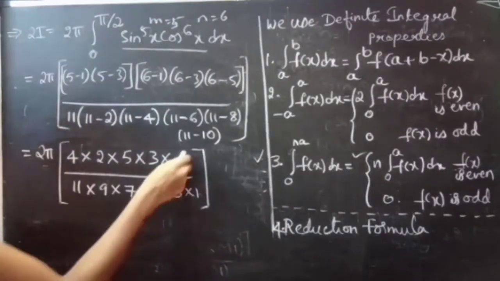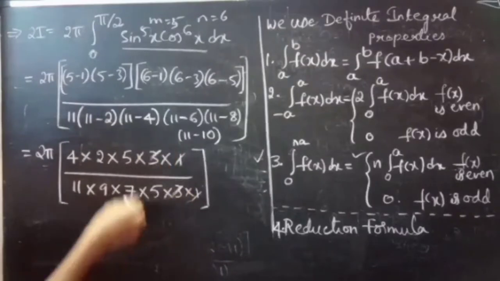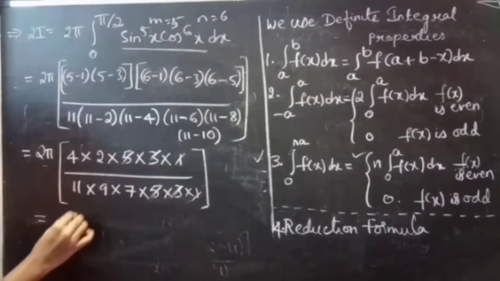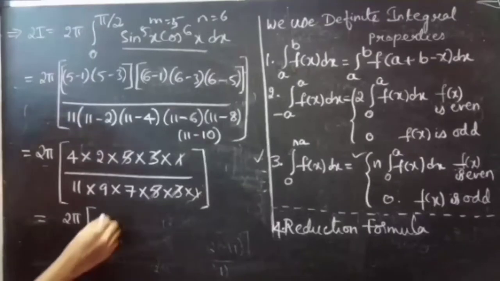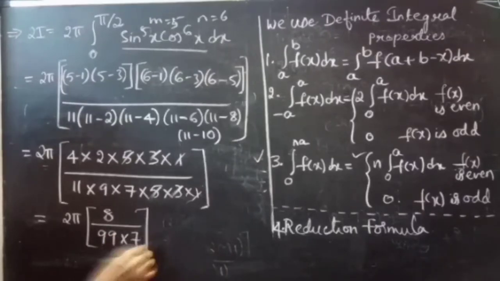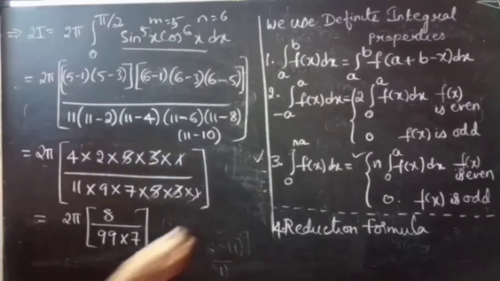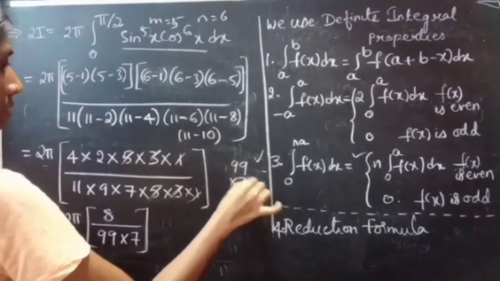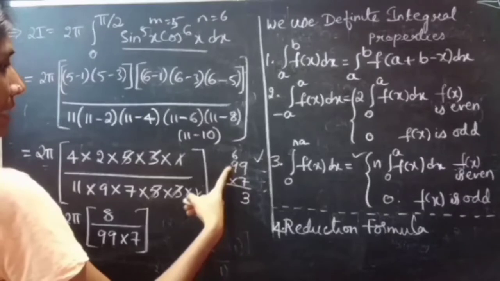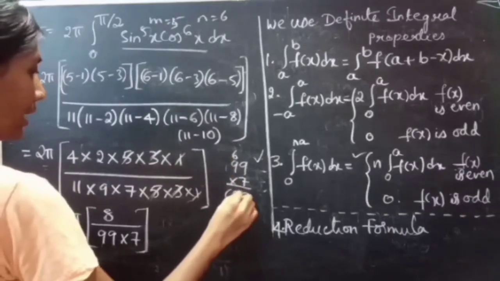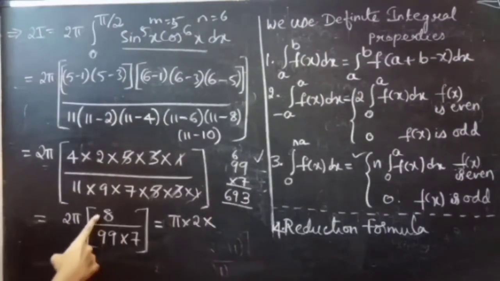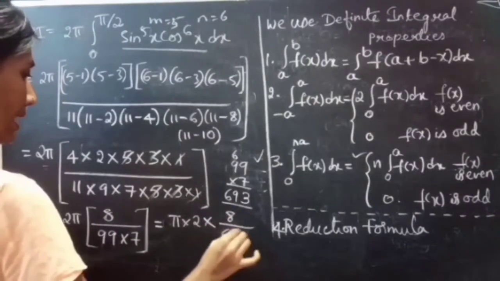So now 11 gets cancelled, 3 gets cancelled, 5 gets cancelled, and finally you'll get 2 pi into 4 twos are 8, divided by 9 into 11 is 99, into 7. 7 nines are 63, plus 6 is 69. So this equals pi into 2 into 8 by 693.